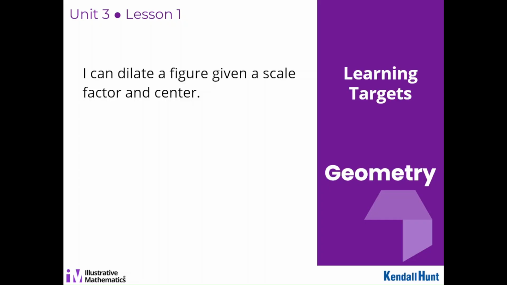So if your scale is 2, then you are making every part of that figure twice as big. So you're moving each point twice its first distance from that center point.